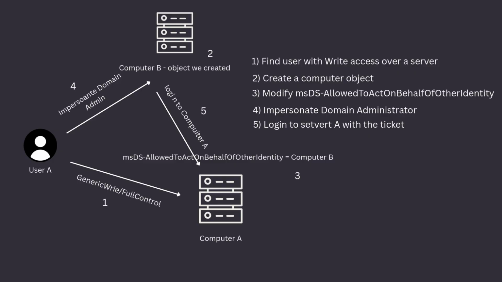Third step is to modify the msDS-AllowedToActOnBehalfOfOtherIdentity attribute, and we add computer B in there. And step number 4, we impersonate the domain admin on computer B to create a ticket. And step number 5, we log into computer A with our ticket because computer A trusts computer B for delegation.